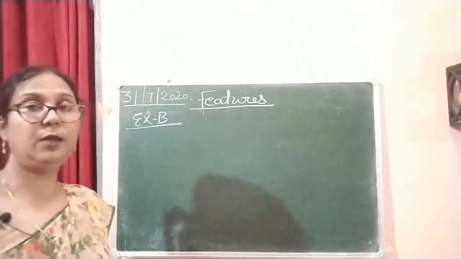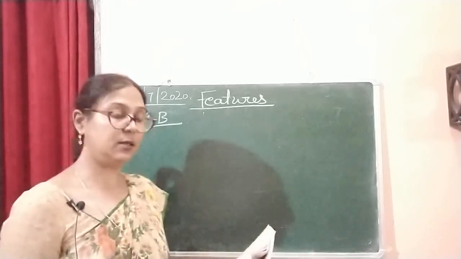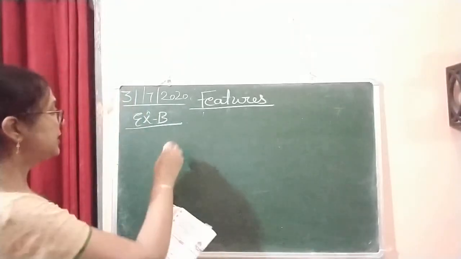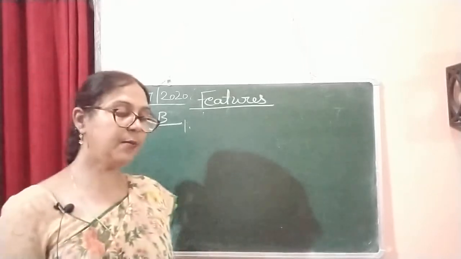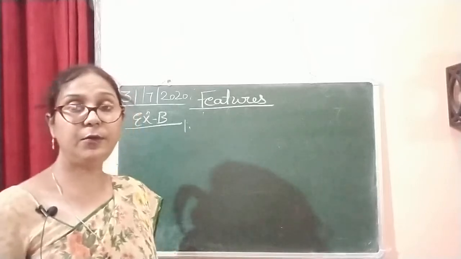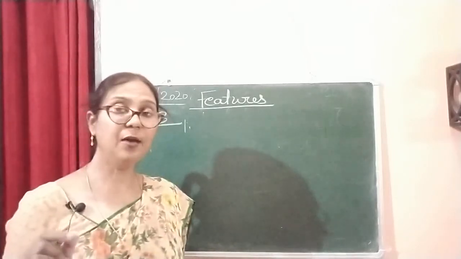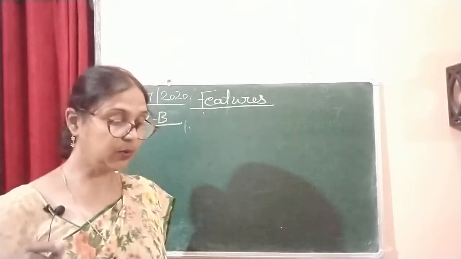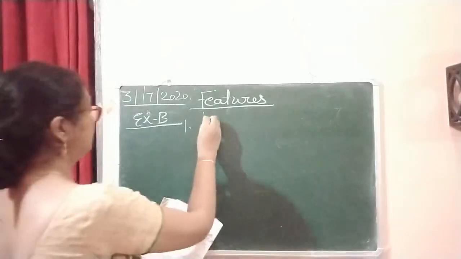Now exercise number C, rewrite these sentences in the interrogative form. Here we have already studied that we have to use do and does. First is, these musicians only perform at public functions. Musicians is plural, so we are going to use do.